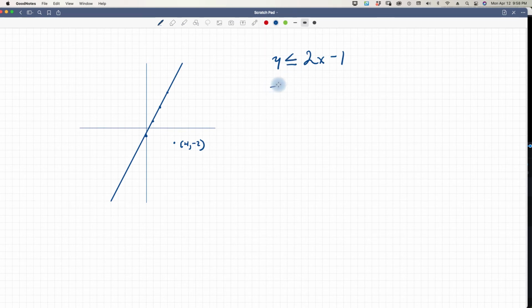So -2 is y, and we're going to put in 4 for x. So 2 times 4 is 8 minus 1. So -2 is less than 7. Is -2 less than 7? Yes, it is.